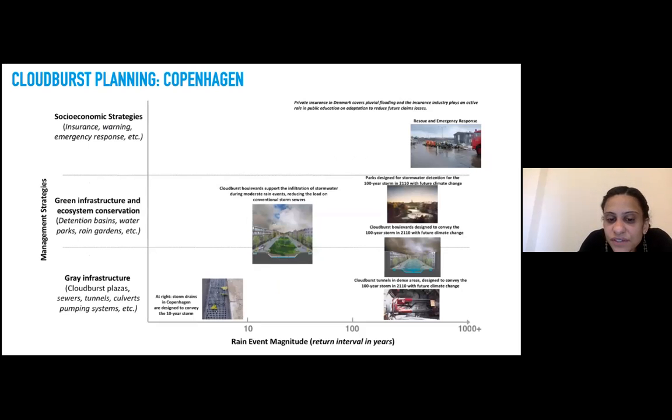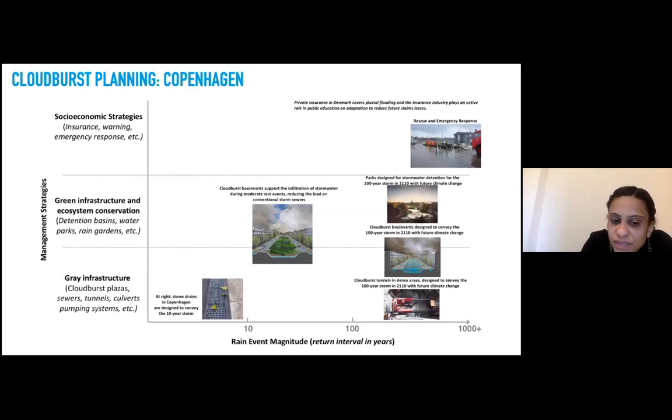We also considered, for example, New York City's plan for dealing with these types of cloudburst events. And New York City learned a lot from the city of Copenhagen, Denmark, which wasn't one of our study cities, but has emerged as a real leader in cloudburst management. Copenhagen experienced a cloudburst in 2011 that resulted in catastrophic flooding, and they've been really working to upgrade their stormwater infrastructure ever since.